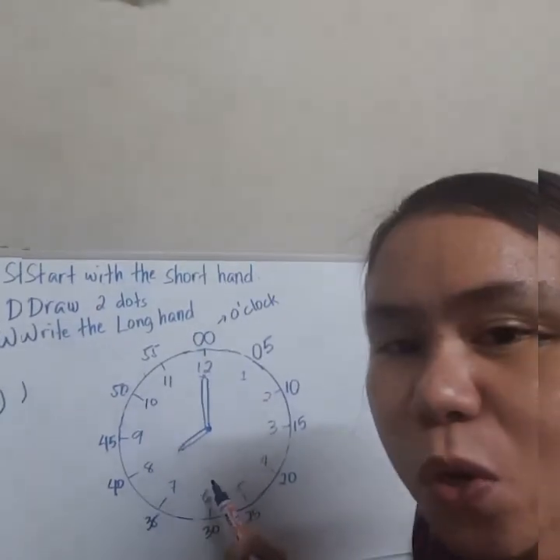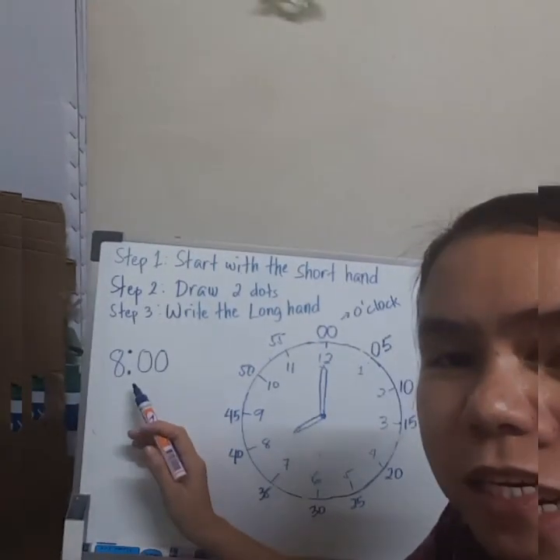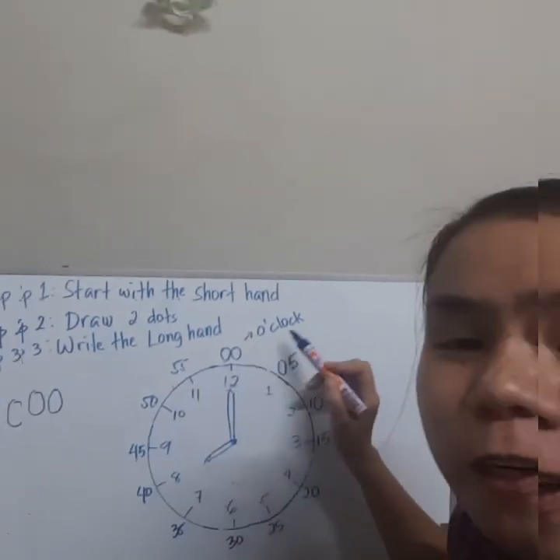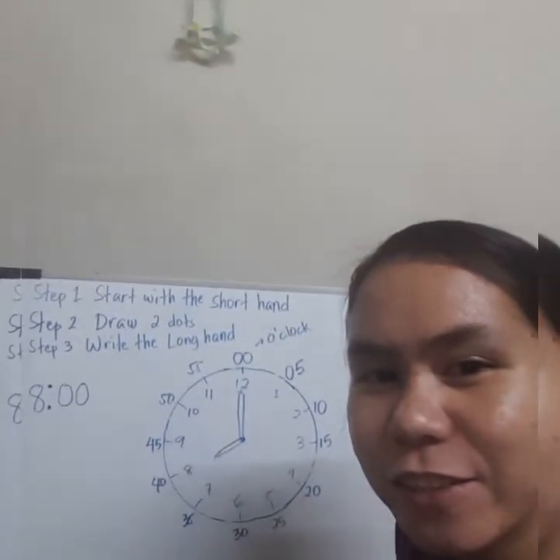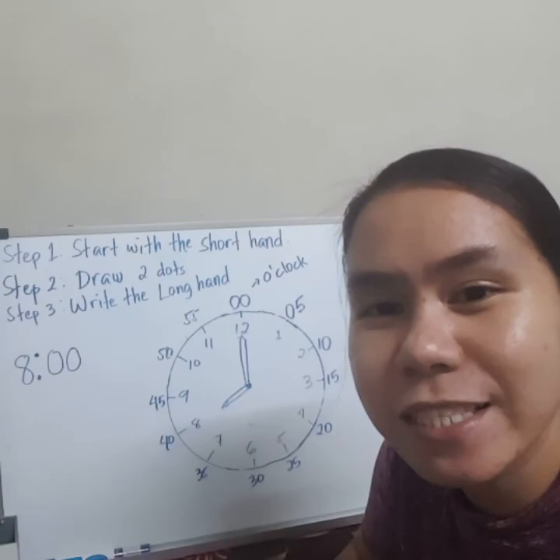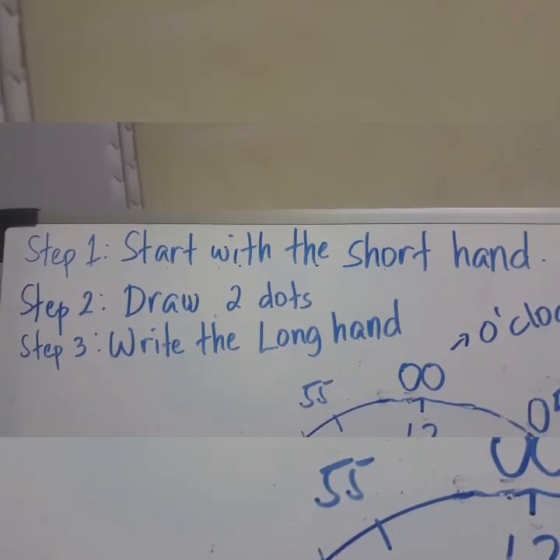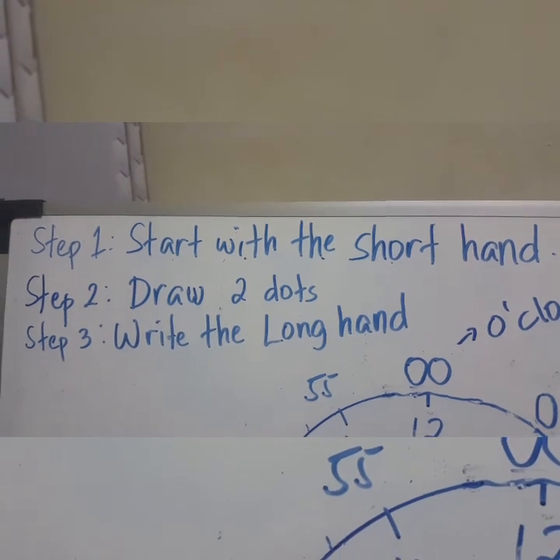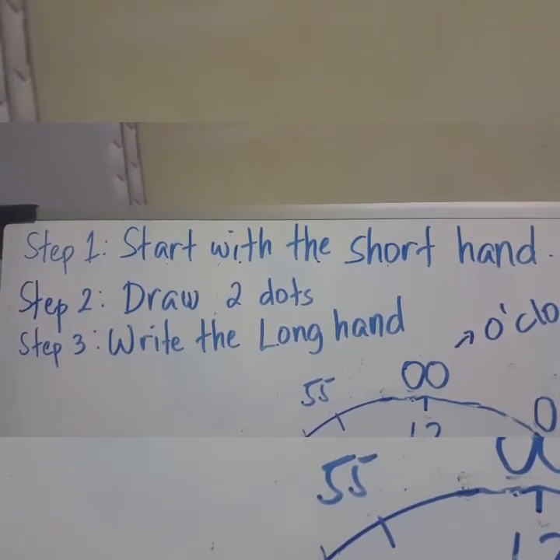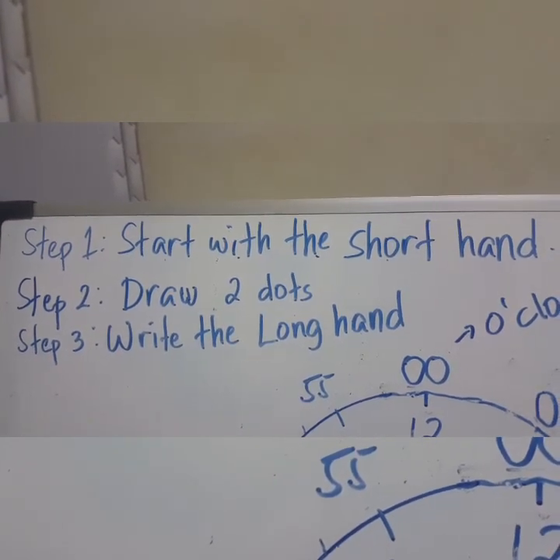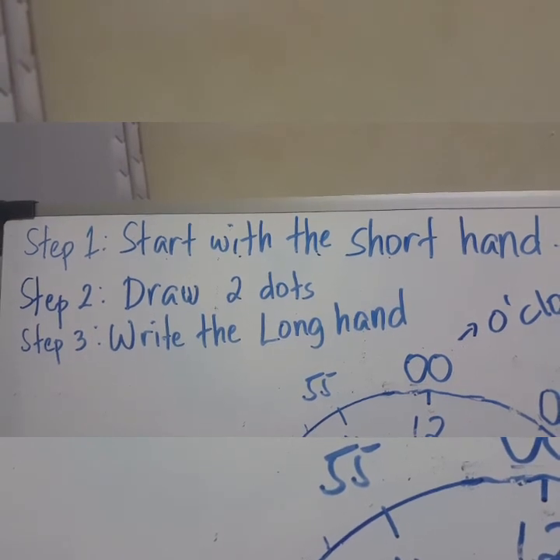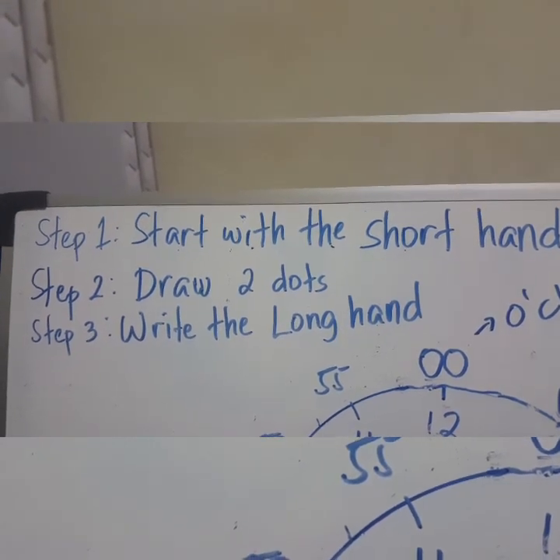Our example shows the time is 8 o'clock. That was a pretty fast explanation. Just follow the 3 steps to tell the time. Start with the short hand, draw 2 dots, then finally write the long hand.